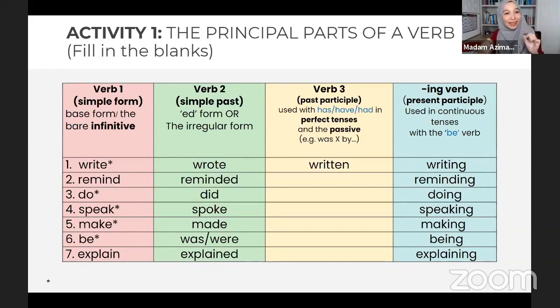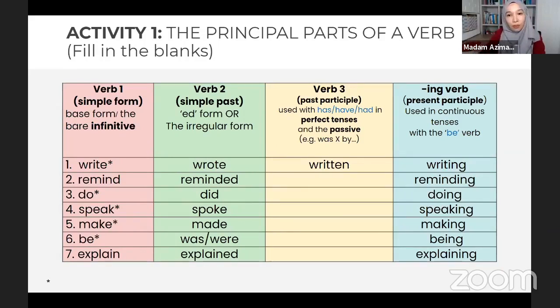Verb 3. Verb 3 is where I need you to pay attention because this is actually the official name for verb 3: past participle form, which is used in the perfect tense, which we're not going to be learning today, but we're going to be learning the passive. And that's why I need you to pay attention to the past participle, the verb 3 form.